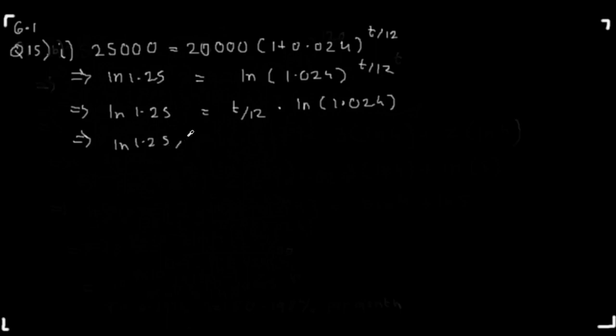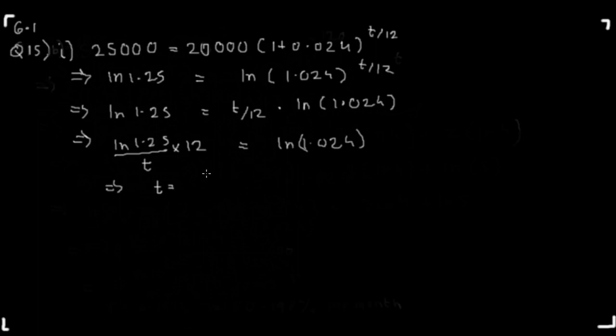So I can just do t times 12 here, or I can do times 12 anywhere, it doesn't matter. And that equals ln 1.024. Why do I see ln and ln at the same time? That's crazy.